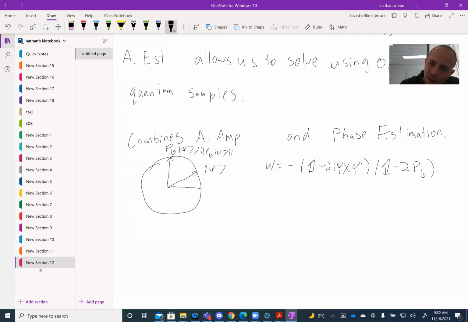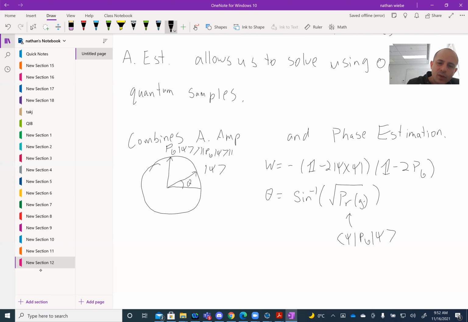And if you recall what this ended up doing, if this angle down here is theta, where theta is equal to the arc sine of the square root of the probability of good, as in this case, the probability of good is just psi PG psi. So if this is some probability of getting a good outcome, then theta is defined to be the arc sine of the square root of that probability.